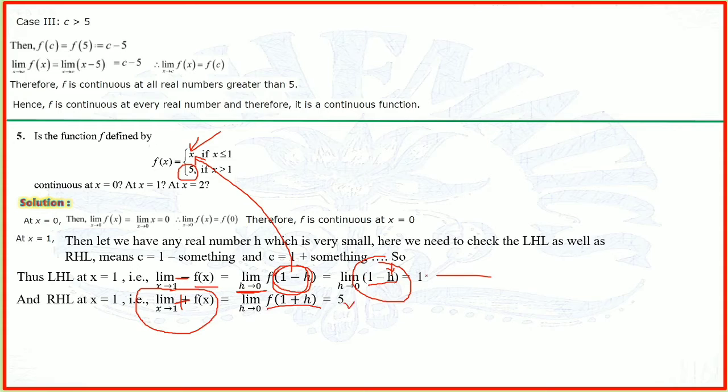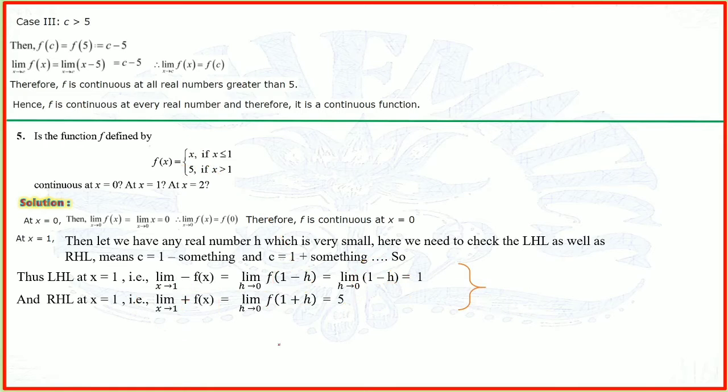Now as you can see, the left hand limit is 1 and the right hand limit is 5. So the left hand limit is not equal to the right hand limit, therefore the function is discontinuous. The function is not continuous at x is equal to 1.